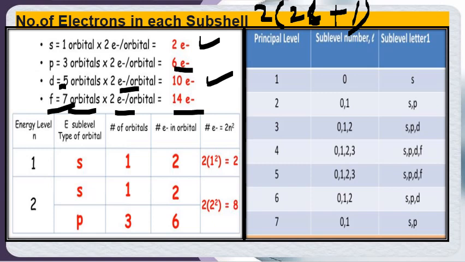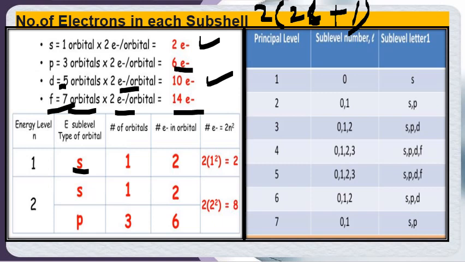Right? Here once again there is mentioned the energy level, that is the number of the shell. In the first shell, the only subshell present is S. The value of L for this S is 0.